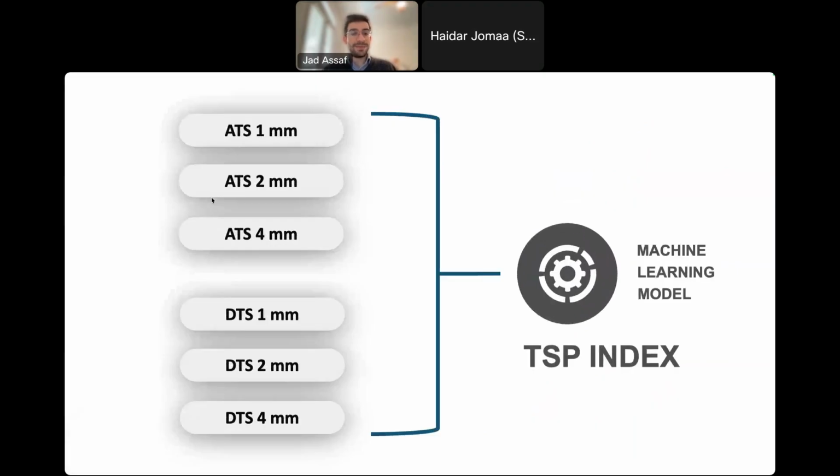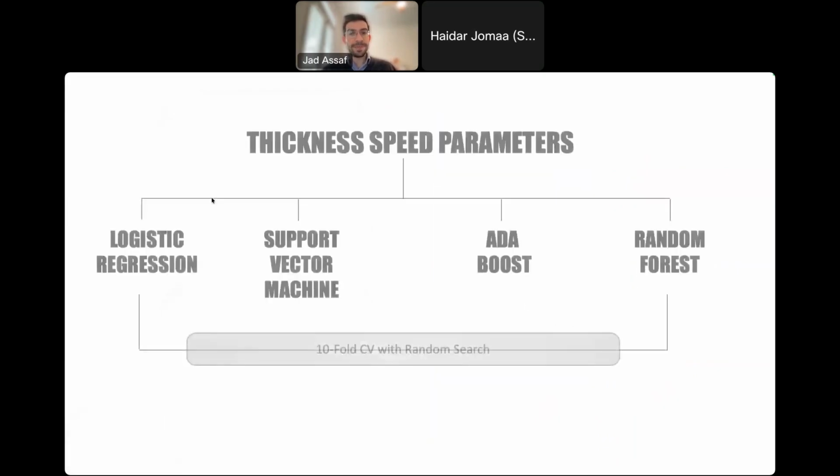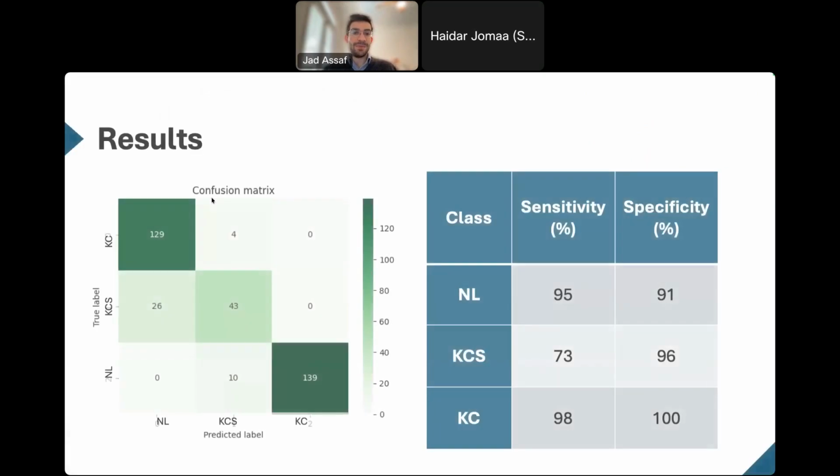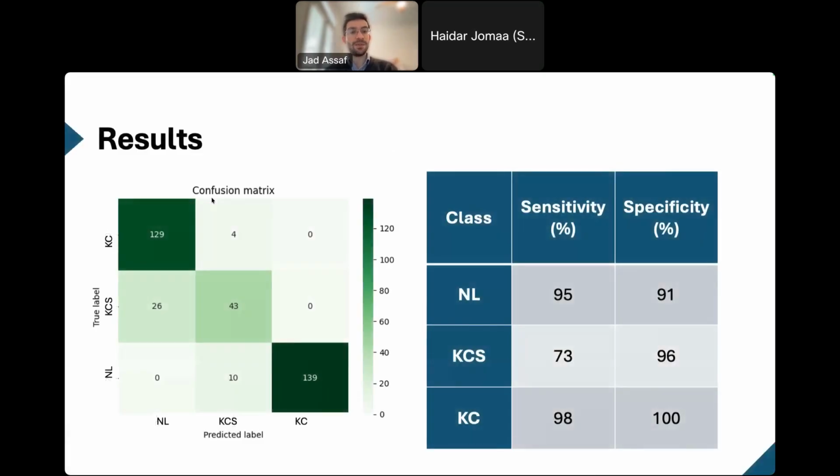We fed these features into a machine learning model that we call the TSPI, Thickness Speed Progression Index. We tried multiple machine learning models, including logistic regression, SVM, AdaBoost, and random forest. And we finally obtained this confusion matrix on the test set.